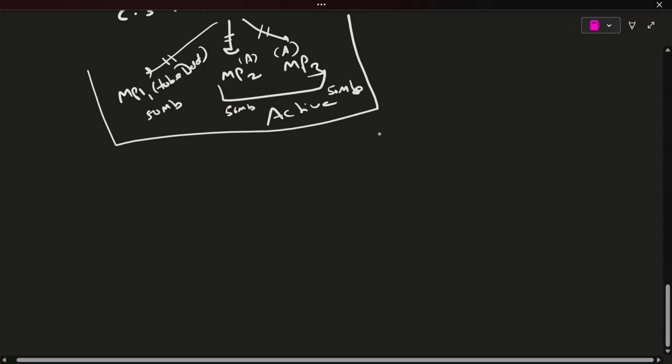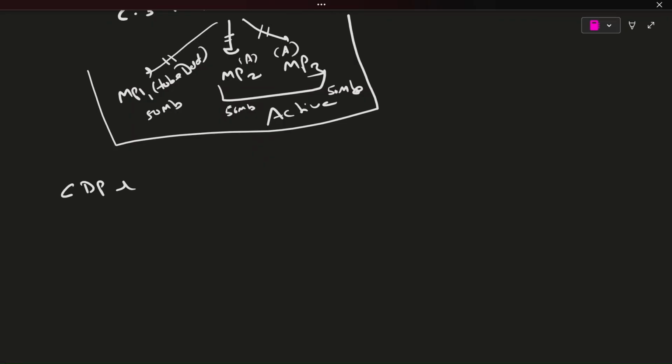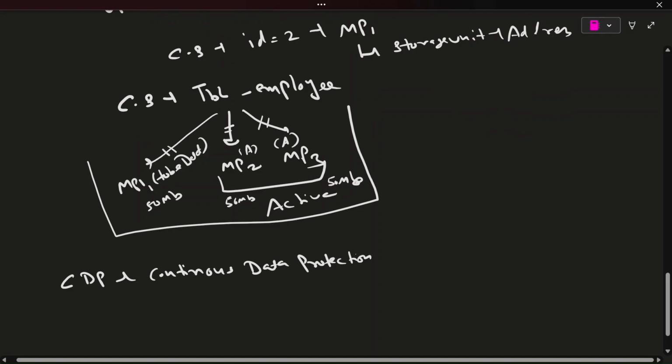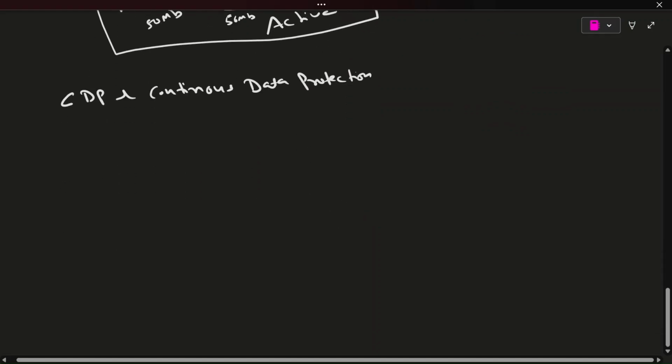Now, first understand the CDP, continuous data protection of Snowflake. Got it. So what is this feature? In this feature, basically we have two things.